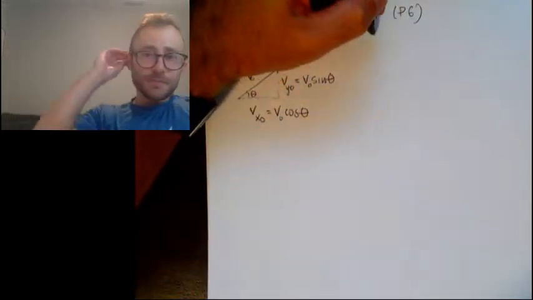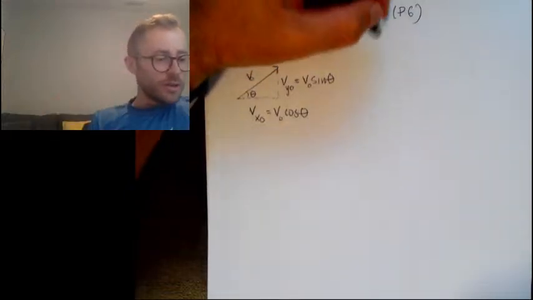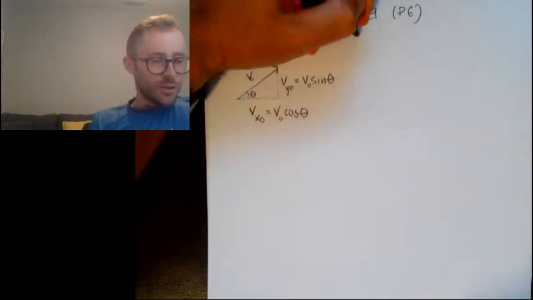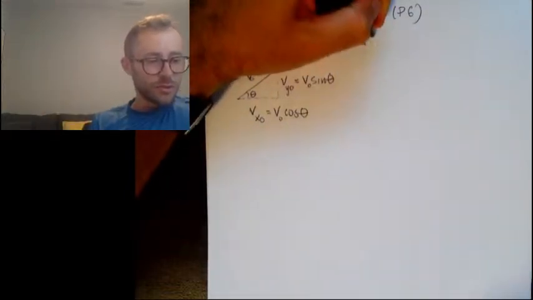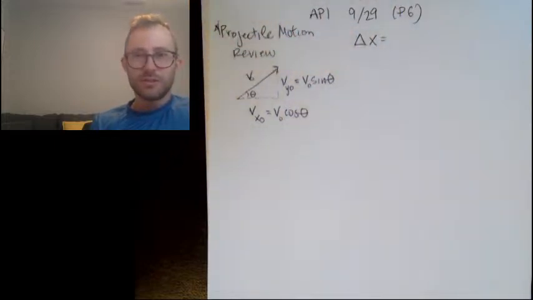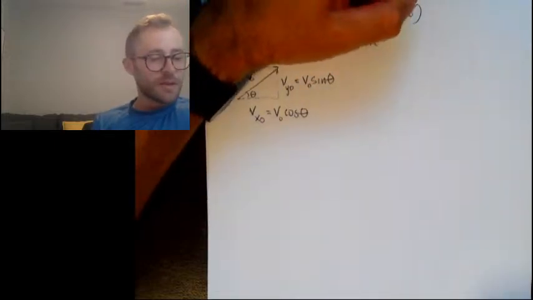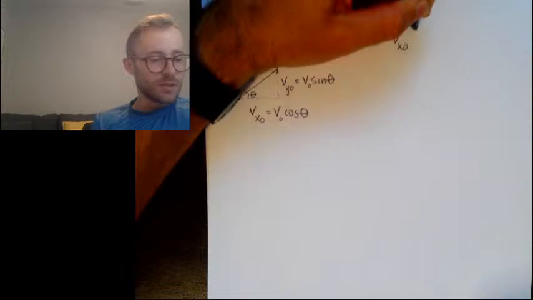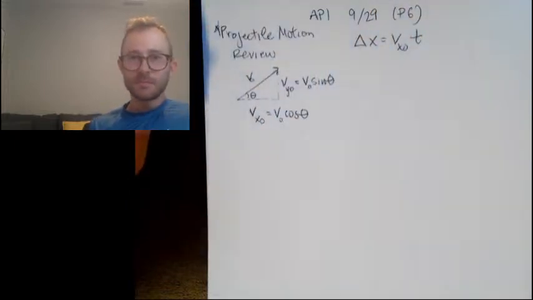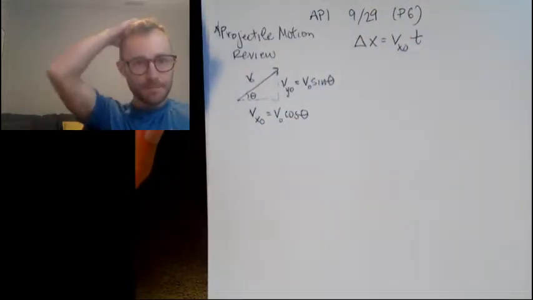All right. And then we went on to learn the equations of projectile motion. So there were two of them. Delta x is vx0 times time. Okay.